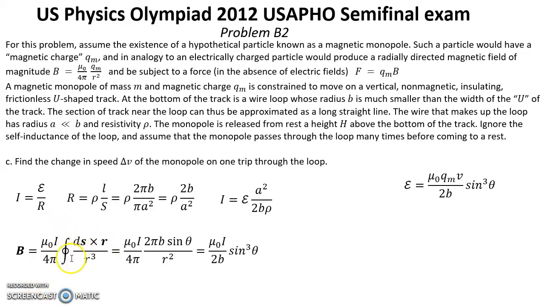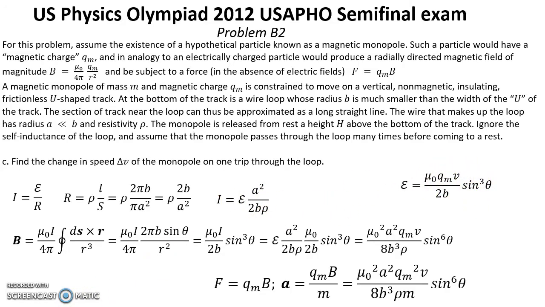So this integral equals 2 pi b sine theta over r squared, so the total magnetic field equals μ0 I over 2b multiplied by sine cubed theta. After that we can insert the expression for current I and the expression for EMF, this one.